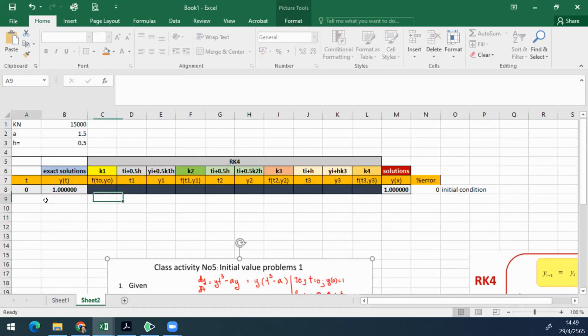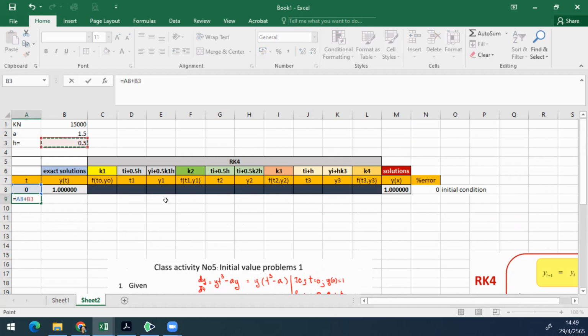And we have the step size of h equal to 0.5. Set up like this in order to change the step size. And then we do it until x is equal to 2, right?